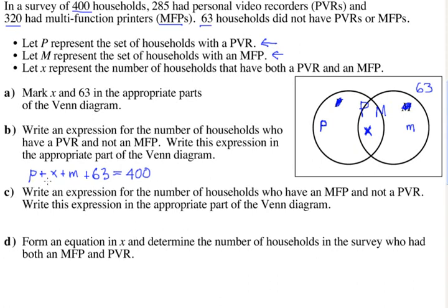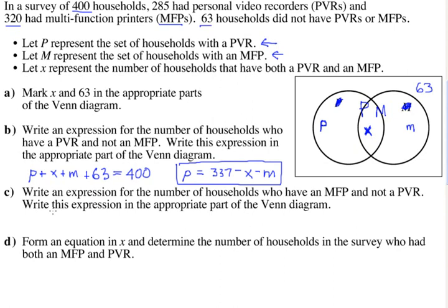So from here, if they want the people that just have a PVR, that's small p. We can solve for that. p is going to be 400 minus 63 is 337 minus X and also minus m. Now, that's got two variables in it, and I don't know what either one of them is yet, so I can't solve this, but at least we have an expression for it. That's a start.